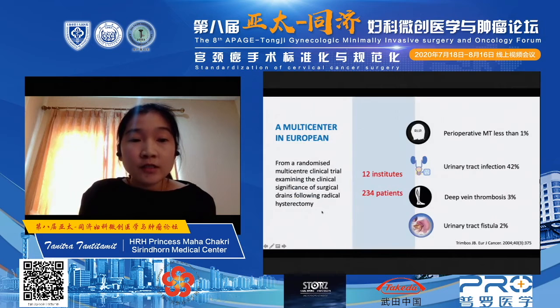One randomized multicenter clinical trial, including 12 institutions and more than 200 patients, reported the perioperative mortality rate was less than 1%. The most common complication was urinary tract infection, and it occurred in almost half of the patients. Conversions occurred in 3%, and urinary tract fistula occurred in 2%.